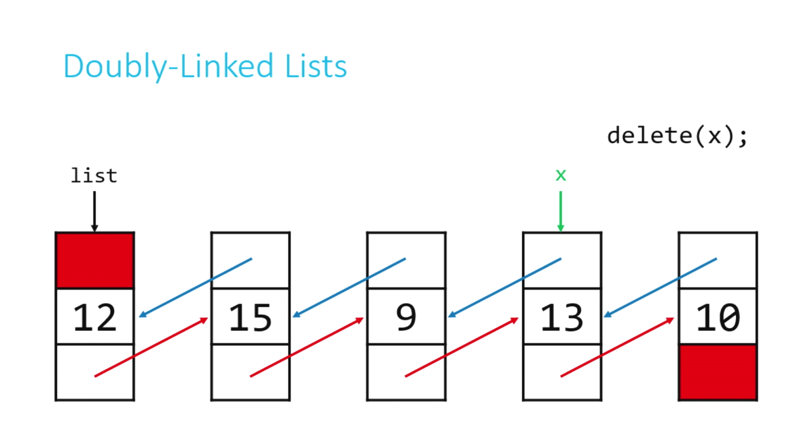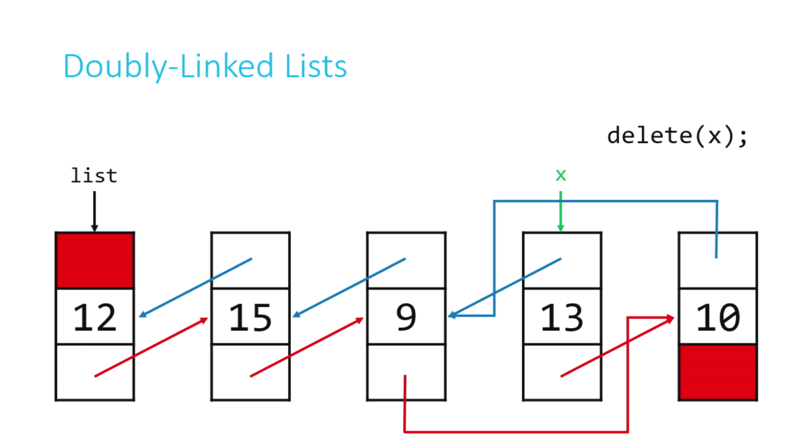So we can say 9's next pointer points to the same place that 13's next pointer points right now, because we're eventually going to want to skip over 13. Wherever 13 points next, we want 9 to point there instead. And then wherever 13 points back to, whatever comes before 13, we want 10 to point to that instead of 13.